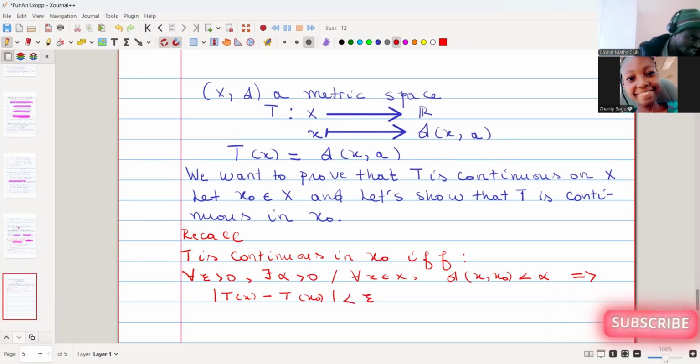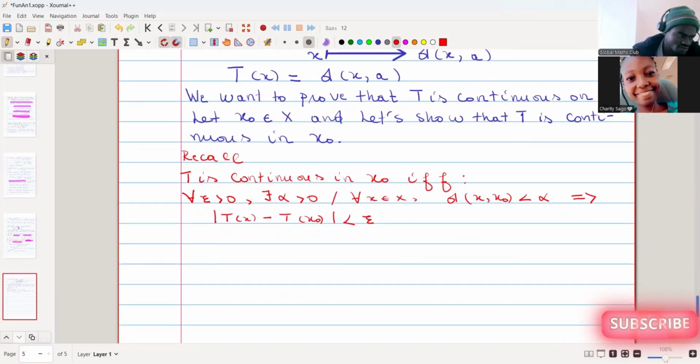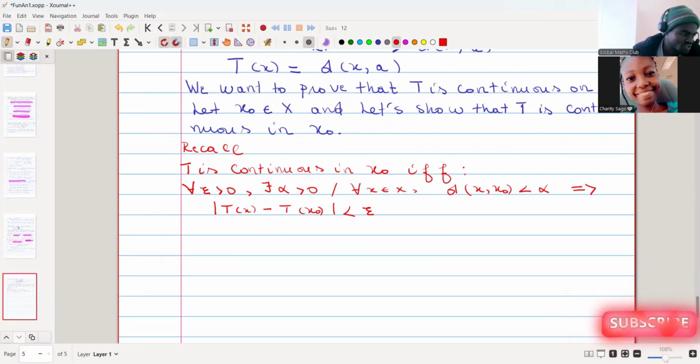T(x) belongs to R, that is why the distance here is the absolute value. So the goal is to find alpha such that for all x that we take in X, the distance between x and x naught is less than alpha.